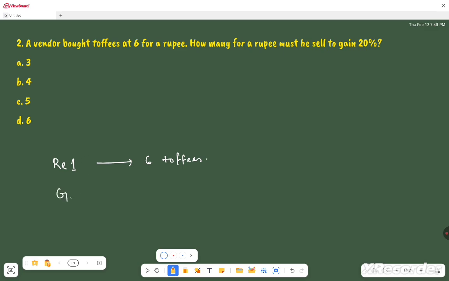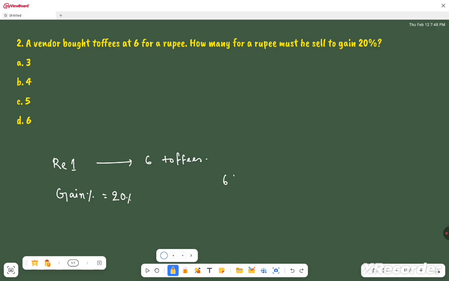So the gain percentage is given, and the gain percentage is 20%. Now how many should he sell for a rupee so that he will gain 20%?